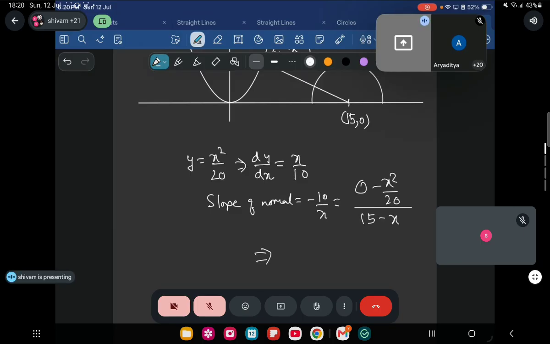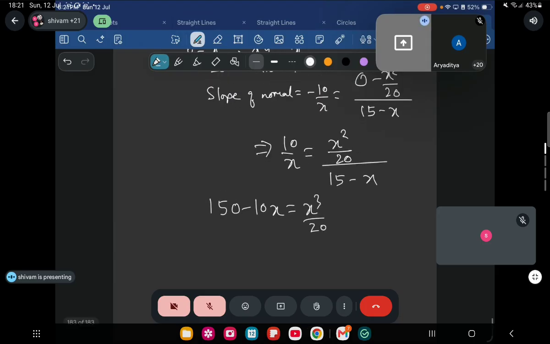So cross multiply, or you can write 10 by x is equal to x square by 20 divided by 15 minus x. Cross multiplying, we get 150 minus 10x equal to x cube by 20. Are you getting it? This implies x cube.